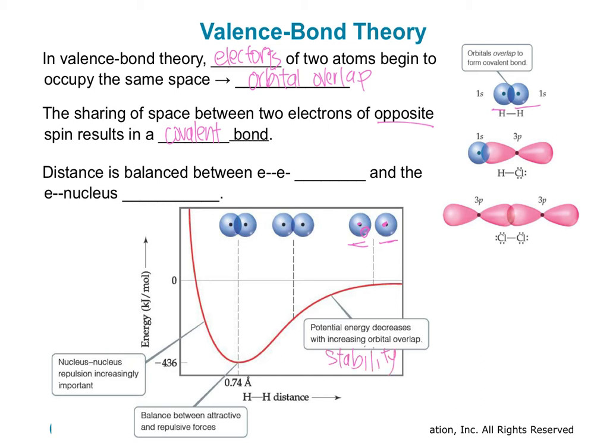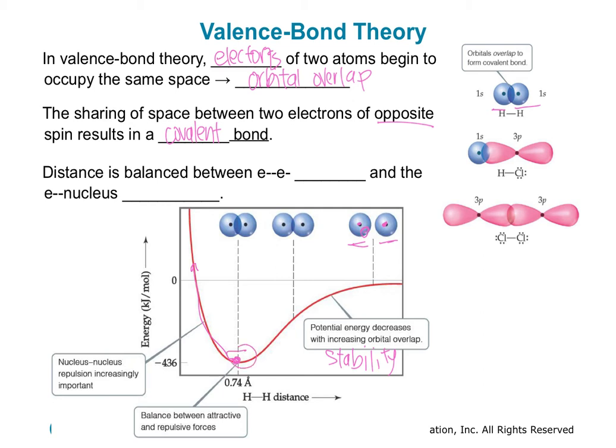So we're minimizing energy, and we're increasing our stability. Now instead of just having a single electron or atom out in space, they're getting closer together, getting more stable, until we reach this point where we hit the minimum. As we continue to bring them closer together, now we're pushing those nuclei close together, those positive forces, and they don't like that, so our energy shoots up, and that's where we're now becoming unstable.